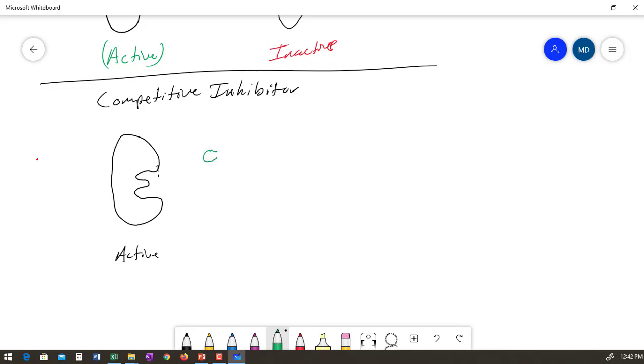So here I'll do one that's just part of the active site. Imagine it looks like this. It can come in and insert itself in here, and when that happens, it basically blocks the active site so that other molecules cannot use that active site, right? So now it's actively blocking that. So this is a competitive inhibitor here. It's competing for the active site. All right.